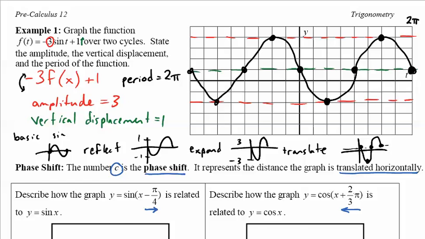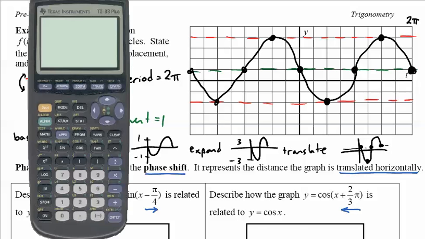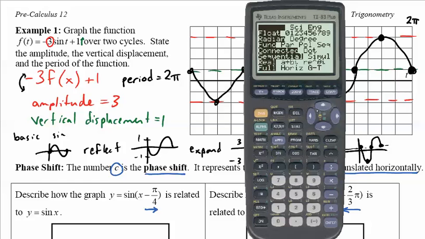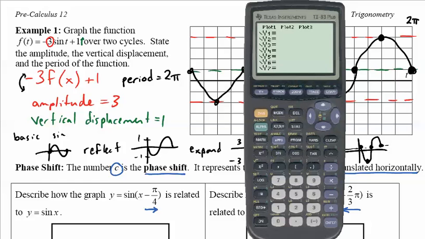Let's just verify that with the graphing calculator. First, I'll make sure my calculator is in radian mode. Always use radian mode when you're graphing sines and cosines. So sine x looks like, that's not a very great window. If I zoom number 7, zoom trig, then it gives a much better window. So here's 2 periods of sine.